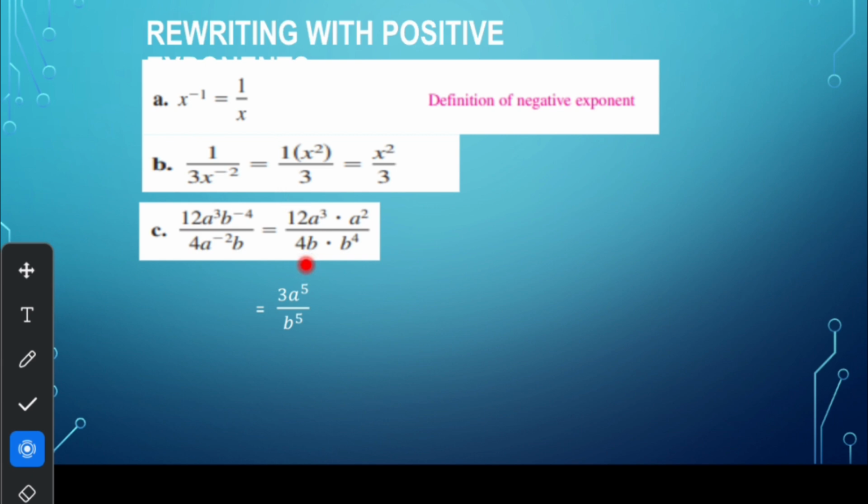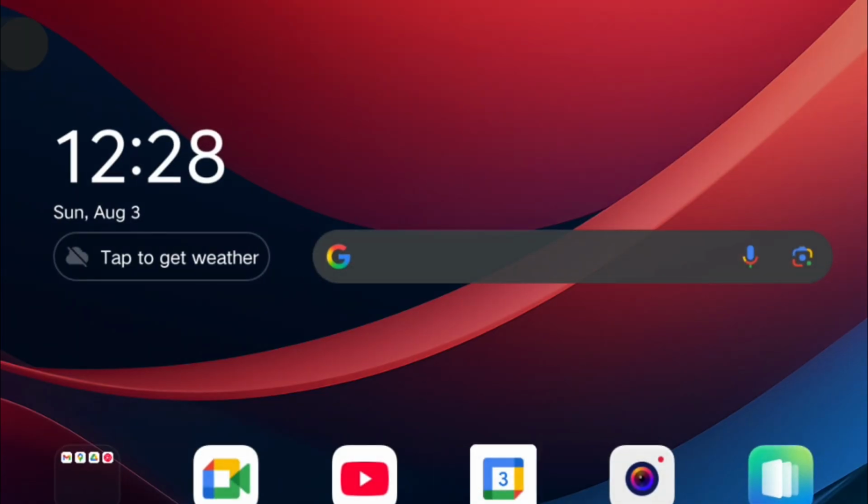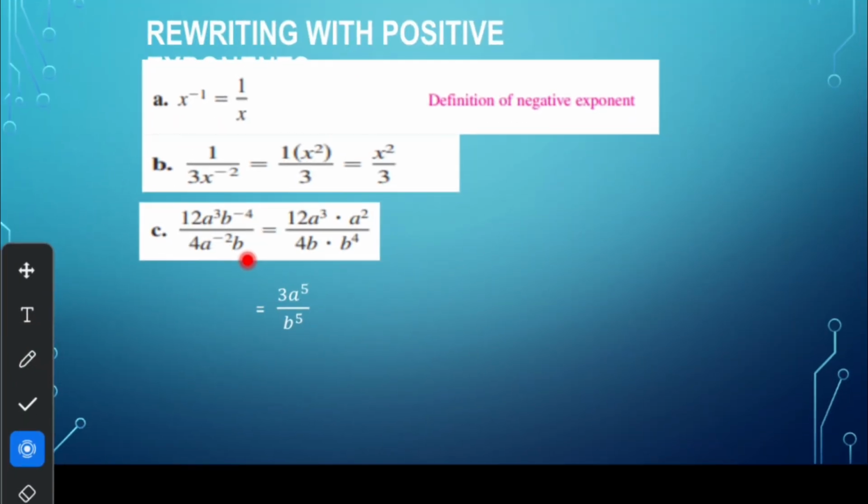So 12 divided by 4 is 3. So we have divided them both. Then we have moved the bases with the negative power. Over here a is having negative 2. So we'll move this a in the numerator to make it positive. Similarly, b is having negative power in the numerator, so we'll shift b downward in the denominator to make it positive. Likewise, we can see that both the bases are alike.